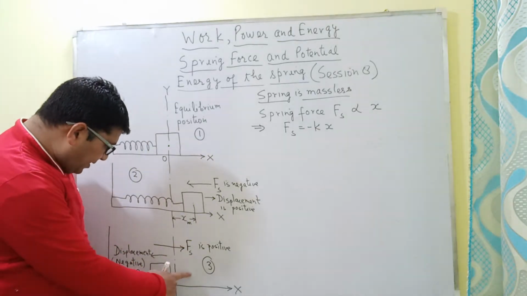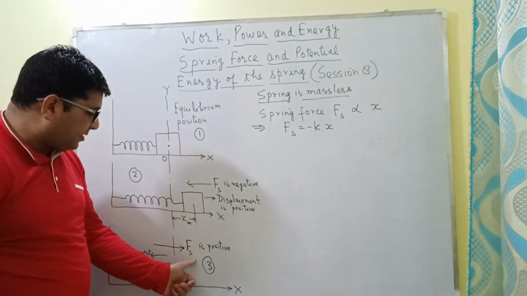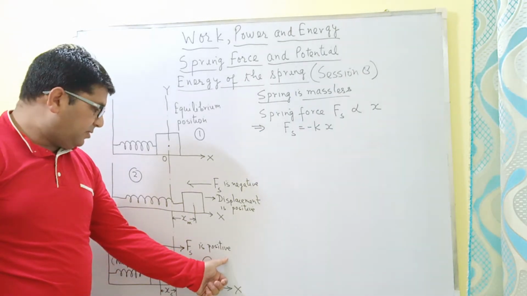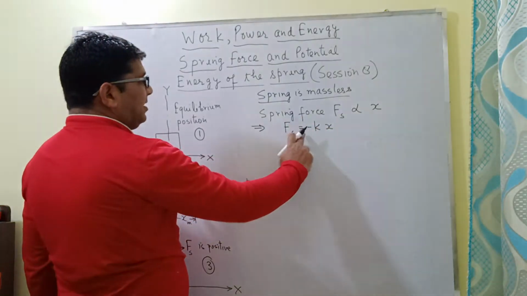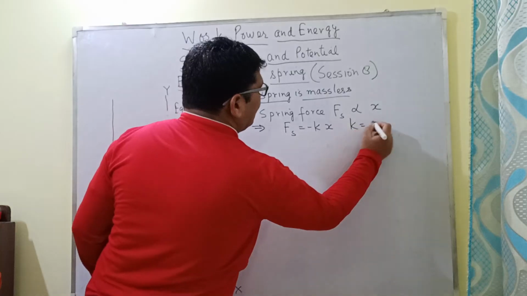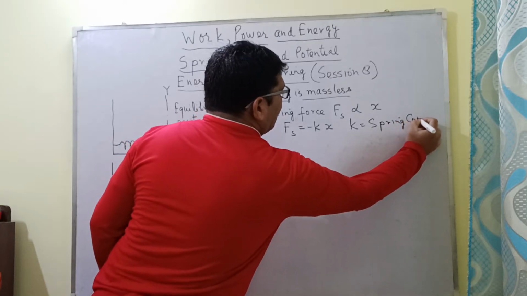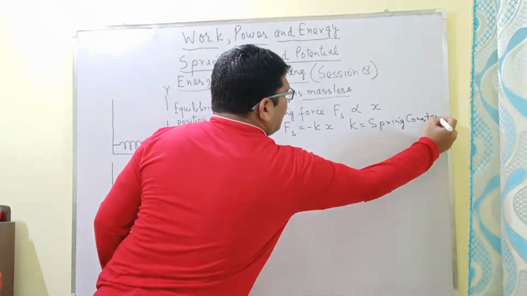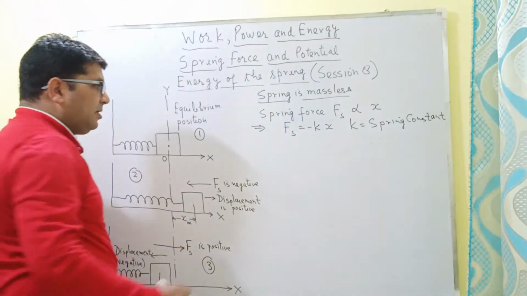Here the displacement is occurring in the negative x direction, and the spring force is acting in the positive x direction. So the spring force is given by Fs is equal to minus kx, where k is the spring constant.